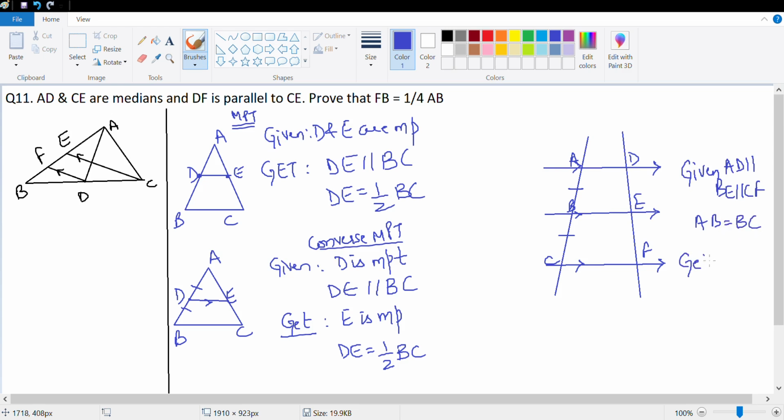Then DE and EF will also be equal. So what we get is DE is equal to FE. Perfect.